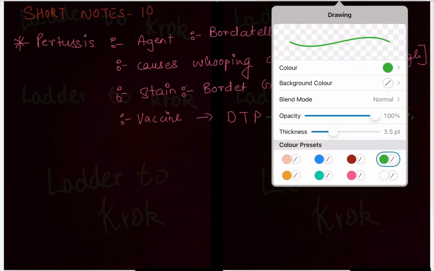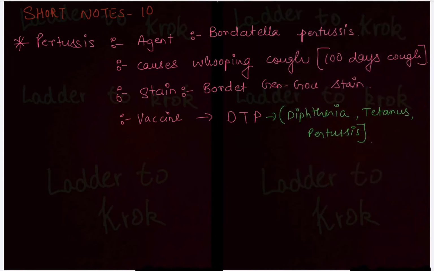And we have another vaccine which is aPDT. A stands for acellular, P is for pertussis, D is for diphtheria, and T is for tetanus. So acellular PDT, I'm writing. I hope this makes sense.